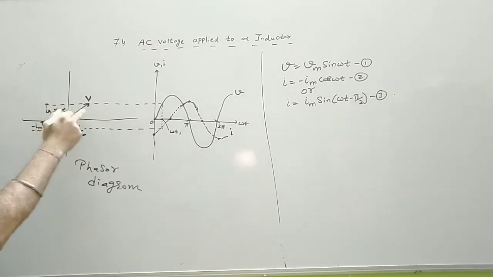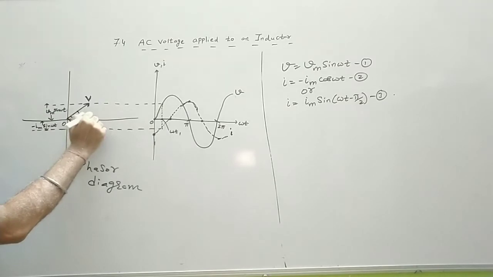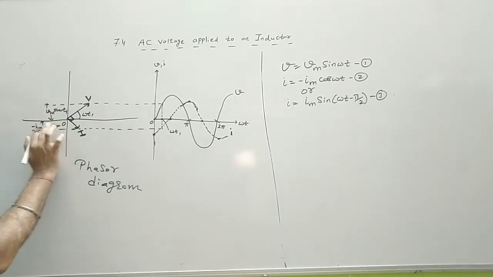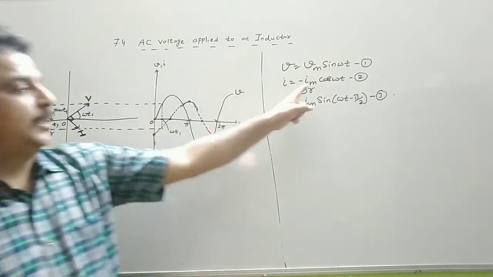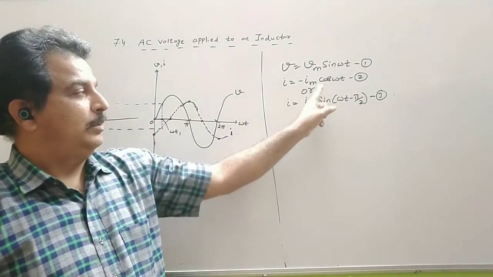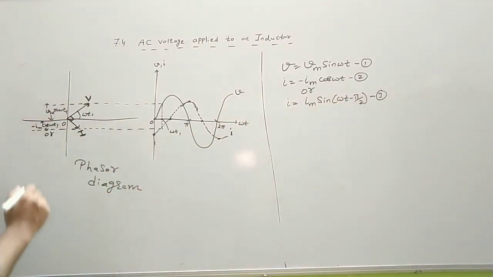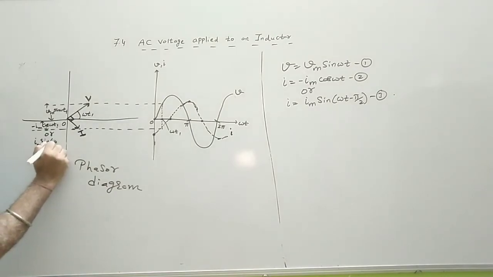At any stage, this angle should remain 90. Here you have to write minus Im cos of omega t1, or directly Im sine of omega t1 minus pi by 2.